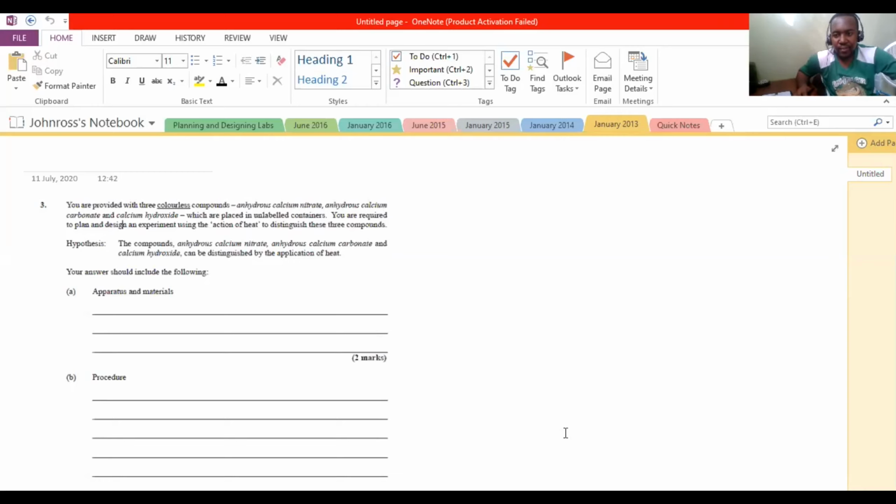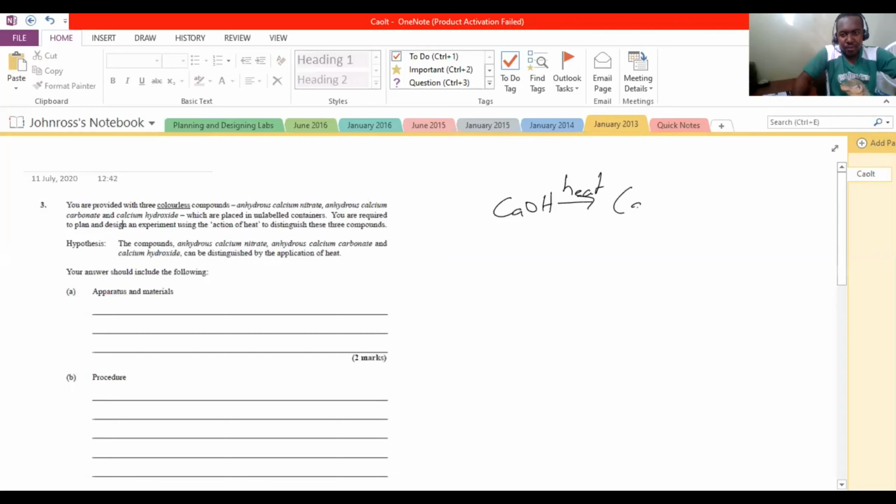Yeah, and you get calcium oxide and water. So calcium hydroxide, if we heat it, is going to produce calcium oxide and water. All right, so that's one thing that we know.